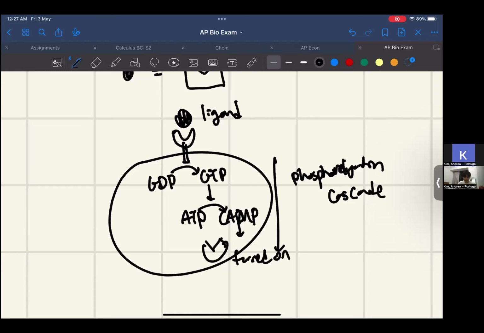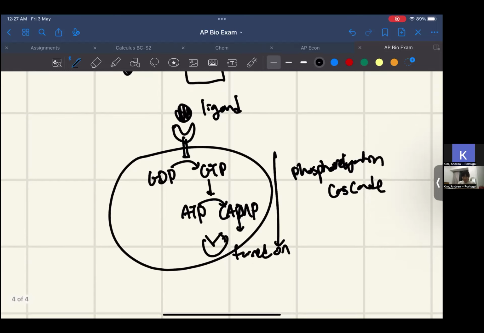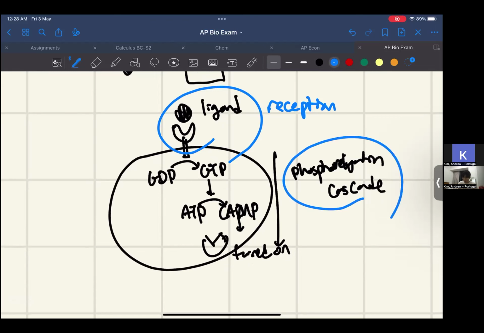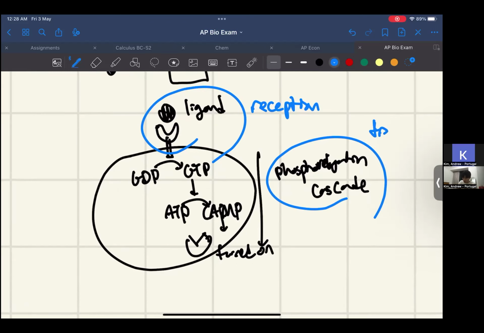Okay, so this is how cell communication happens, and this whole process can be divided into 3 steps. First step is reception, right? When the reception site actually receives information from the ligand. Second part, phosphorylation cascade, or in other words, transduction. In transduction, what happens is a lot of chemical reactions happen because of the ligand being combined to the reception site.